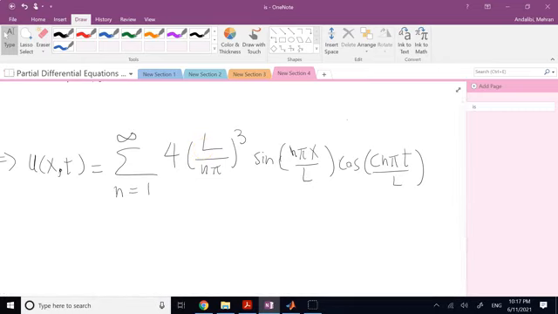So I just wanted you to have a little bit of understanding and better background about this wave equation. Now, there are other ways to solve equations like this. So separation of variables was one method. Using Fourier transform and Laplace transform are other ways to solve equations like this.